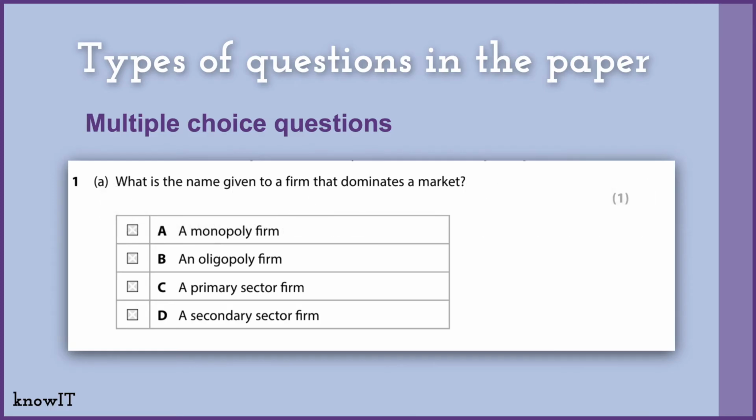As you can see, the multiple choice questions are usually only for 1 mark, and they give you a range of options, obviously, and you have to select one. Over here, as you can see, what's the name given to a firm that dominates a market, and then there are lots of answers that you can choose from. Although MCQs do seem easy, they can be tricky at times, so you have to prepare for these as well.